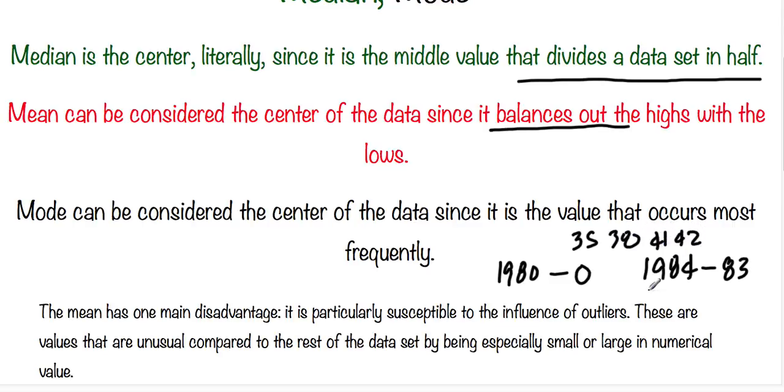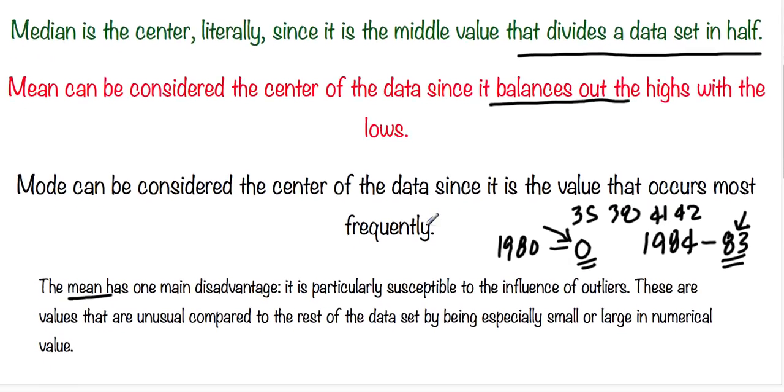Okay, so if you notice, these are outliers, and if you get the mean of this set of data, it will not be representative because of these two outliers, and that's when the mean becomes misleading if you use mean to represent this set of data.